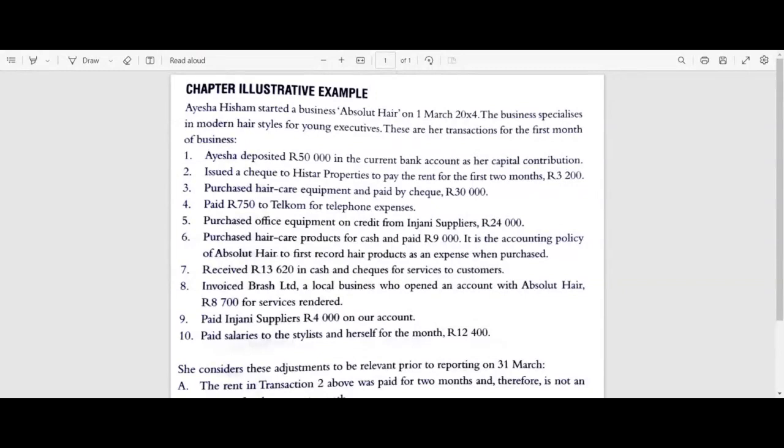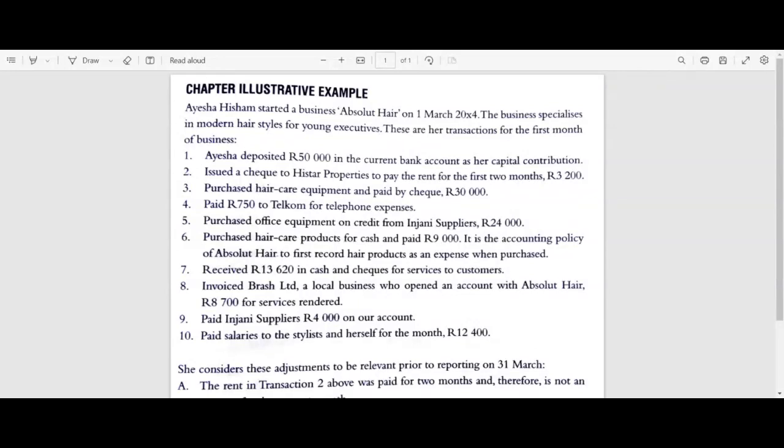And then most importantly, we're going to go to that next step where we start drawing up financial statements. As we've said the other day, the first three basic financial statements are a statement of profit or loss, a statement of changes in equity, and a statement of financial position. So that is our mission for this morning.